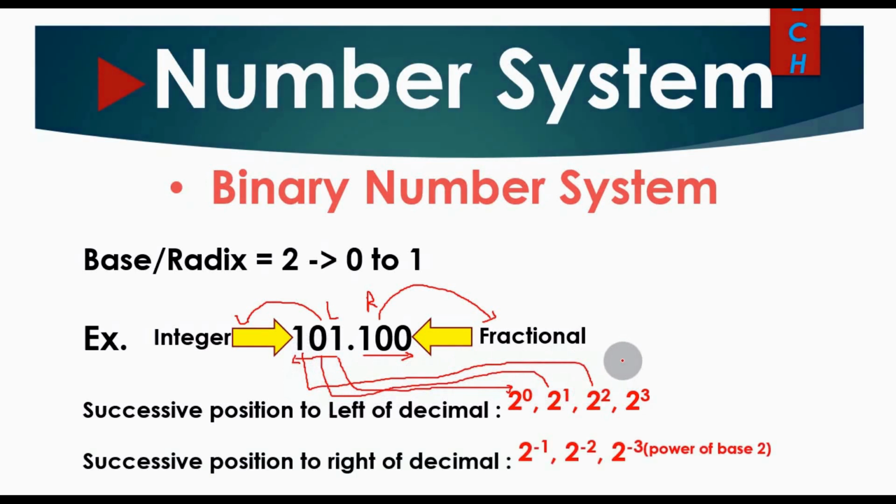The successive positions to the right of the decimal are given by to the power minus 1, to the power minus 2 and to the power minus 3, the powers of base 2.